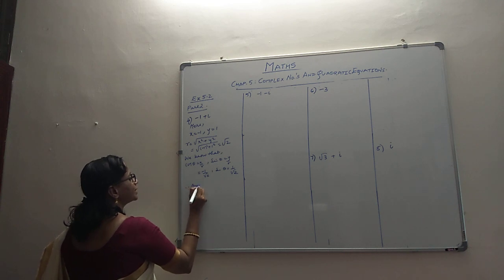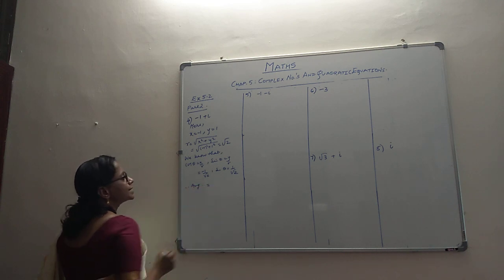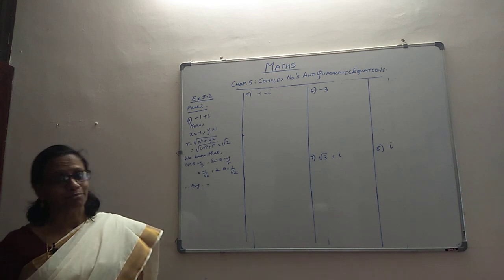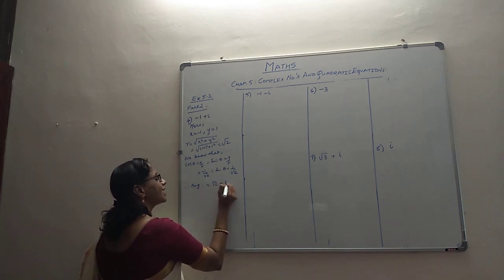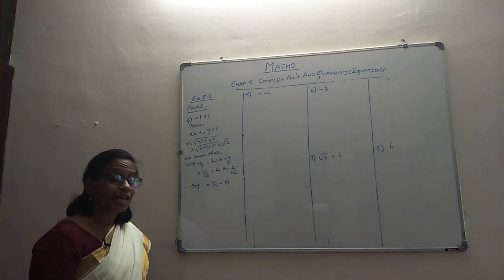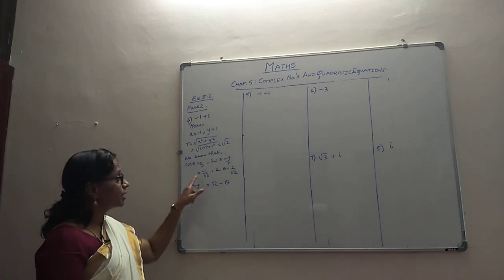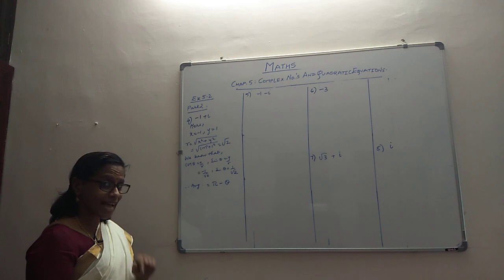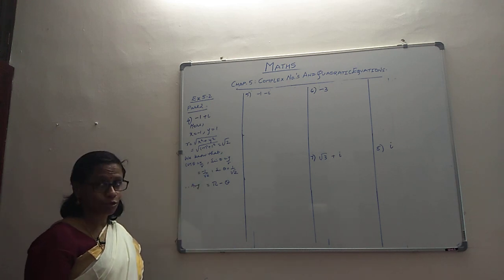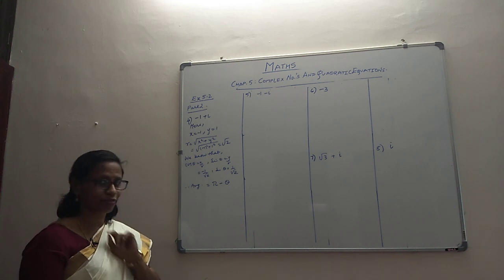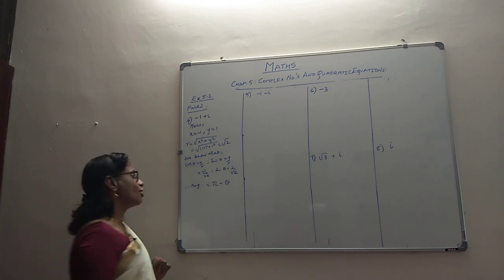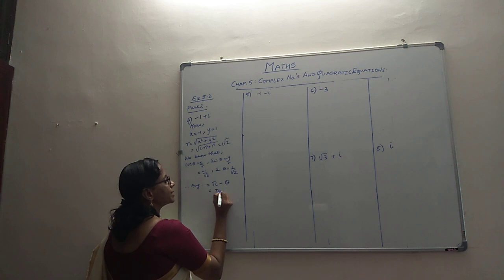Therefore, the argument is, see, cos negative, sin positive, second quadrant. The angle is of the type pi minus theta. Now theta, the magnitude, you can get from these angles. What is that angle whose cos is 1 by root 2, and whose sin is 1 by root 2? It is 45, that is pi by 4. So it is of the type pi minus pi by 4.